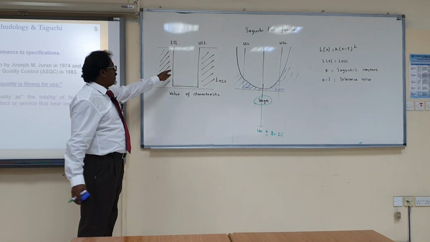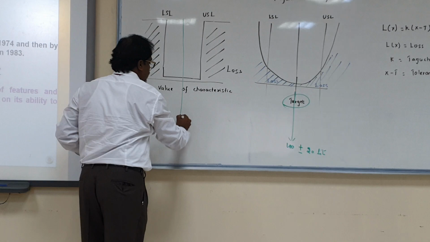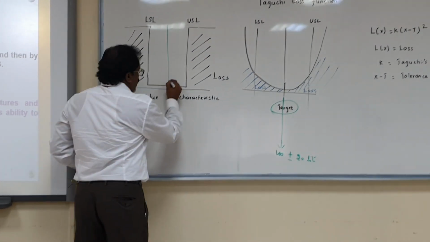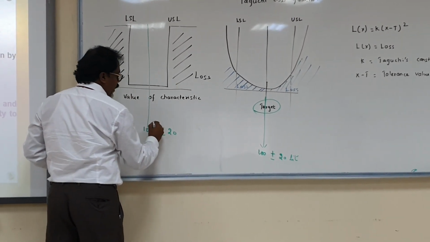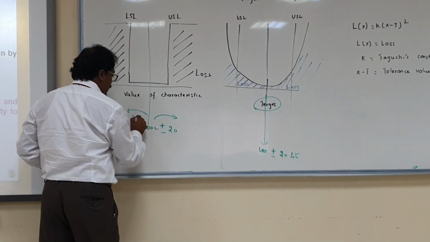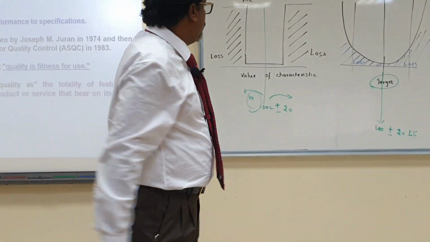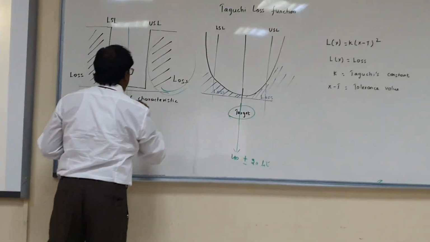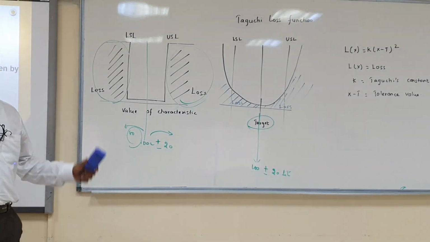In the traditional approach, this is the target, 100 liters, plus or minus 20. If it goes to 120 or comes to 80, it is under control. Normally this is the traditional approach. If it goes beyond this limit, then you can say there is a loss. If it goes beyond, or less than this level, you can say this is the loss.